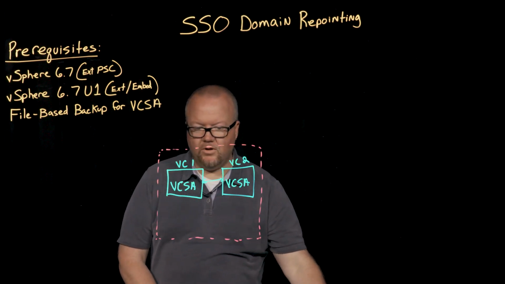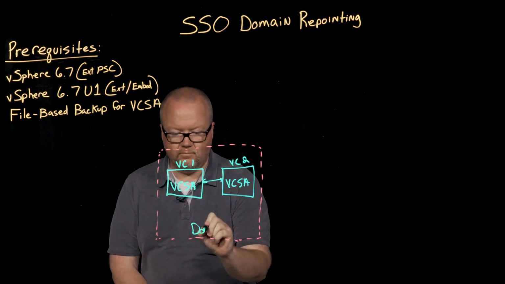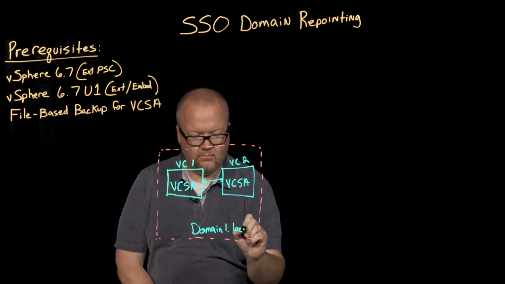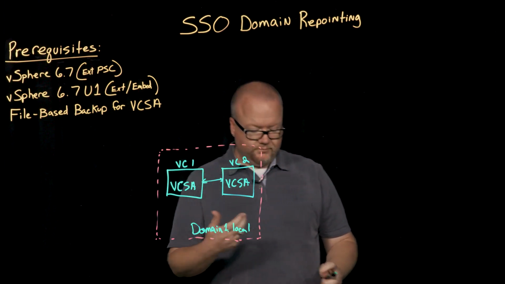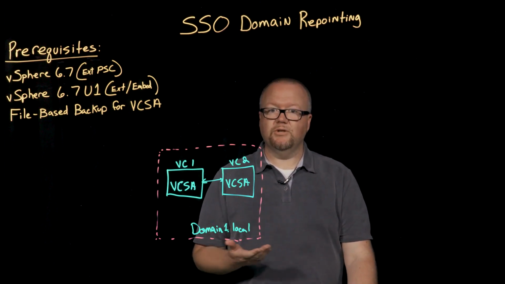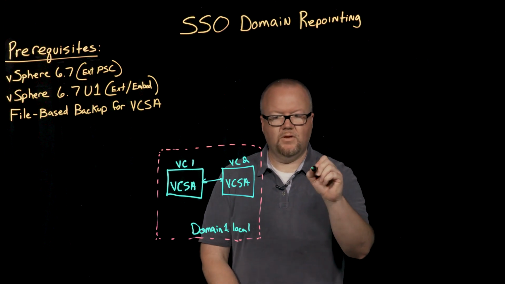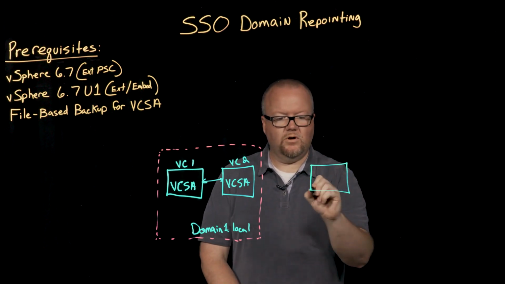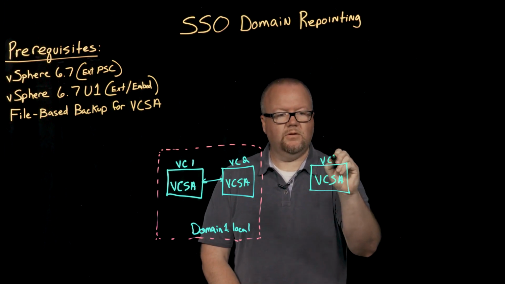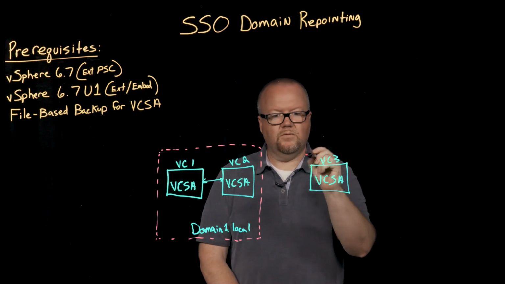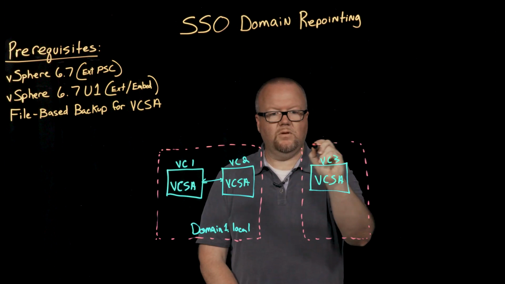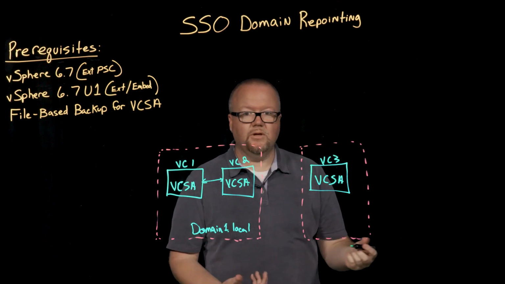We'll call this domain 1. And now let's imagine we have a third vCenter server, possibly in its own SSO domain. We'll call this one vCenter 3, within its own SSO domain. And this could be domain 2.